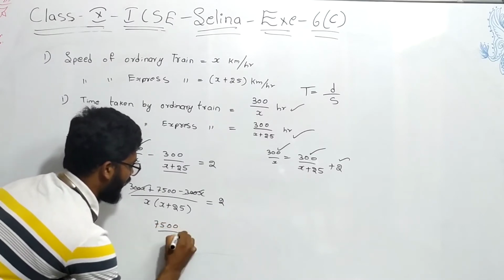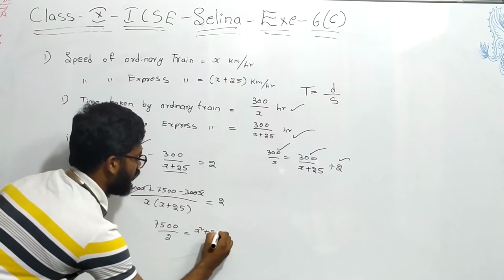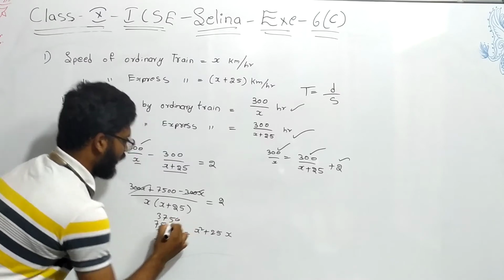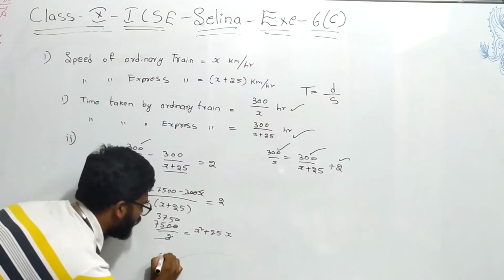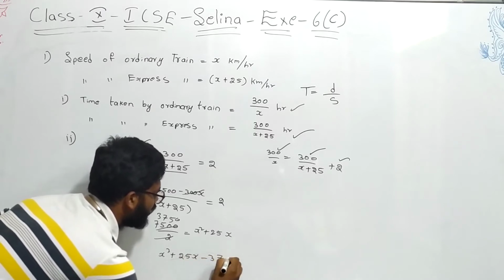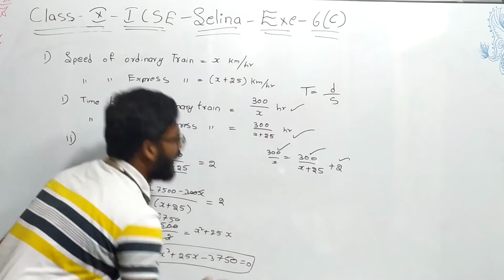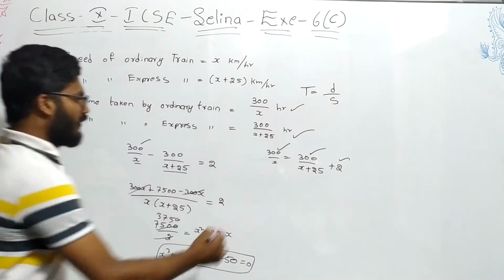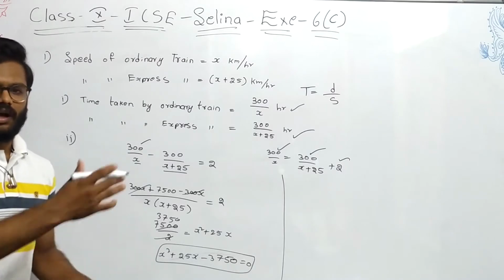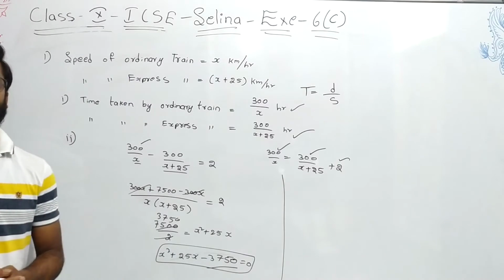7500 by 2 is equal to x square plus 25x, which is 3750. So x square plus 25x minus 3750 equal to 0. This is a quadratic equation in x, and to solve this quadratic equation, either you can use factorization or the formula. As I know the factors, I am writing the factors directly.